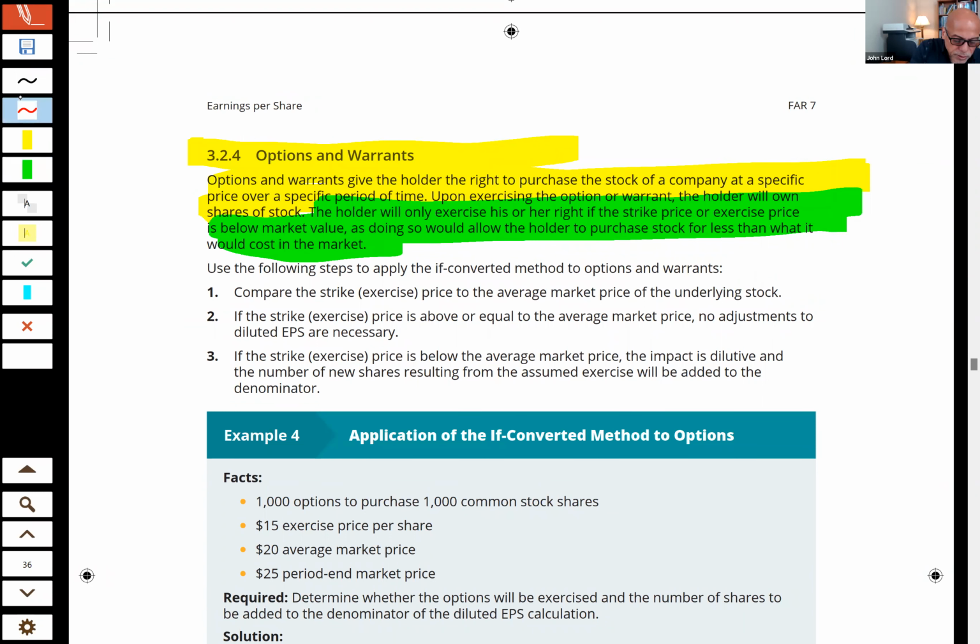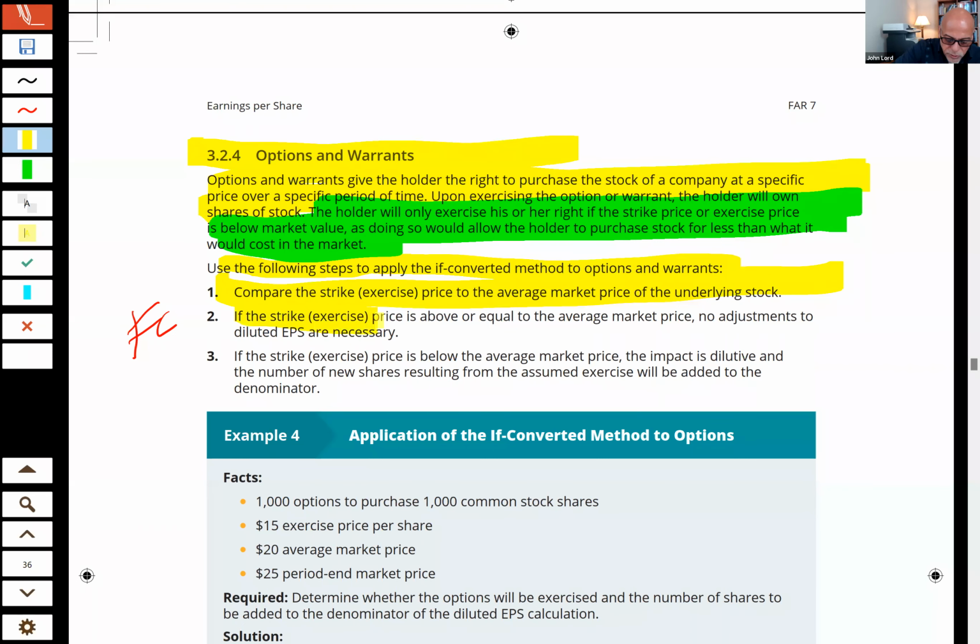Use the following steps to determine the effect the warrants would have on the earnings per share if they were exercised. And you're only going to report it, of course, if it is dilutive. So compare the strike, the exercise price, to the average market price of the underlying stock.